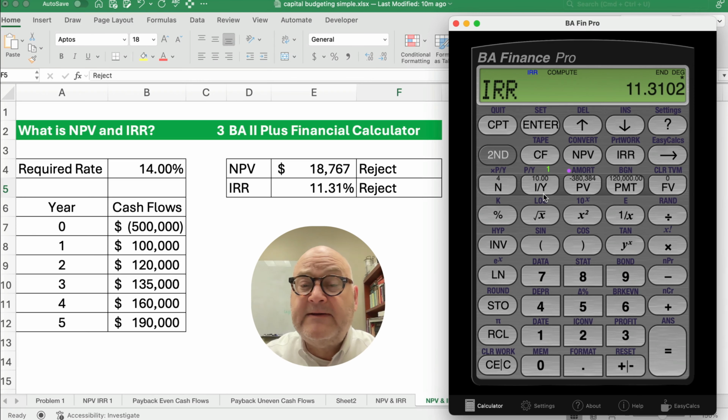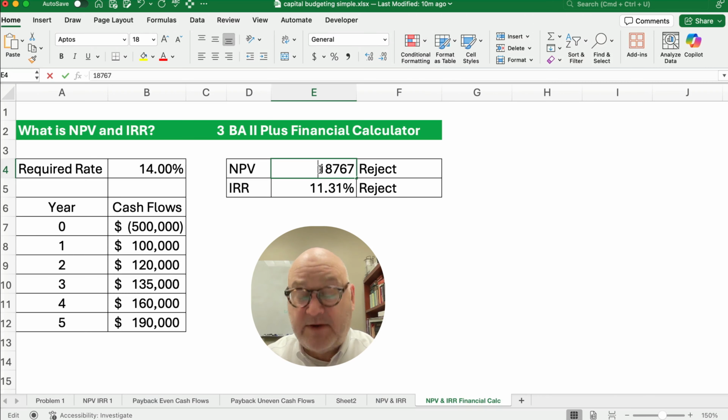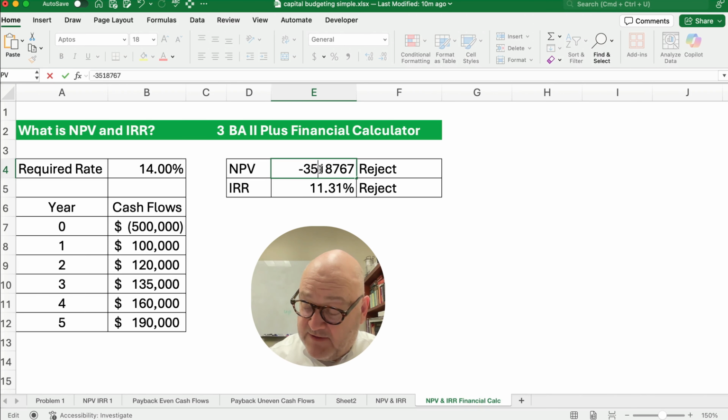Let's prove it. Let's go back to NPV. The interest rate is going to be 14%, enter, down arrow, and then recompute. This is going to be a negative 35,411.